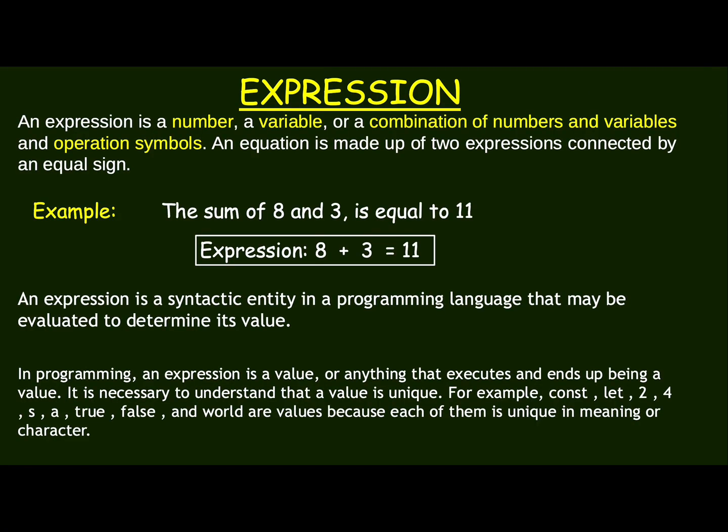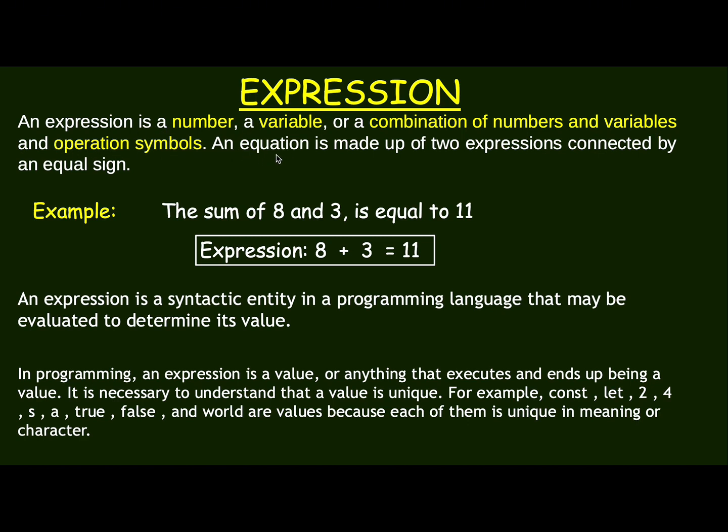Let's look at our next basic programming concept, which is expression. What is an expression? An expression is a number, a variable, or a combination of numbers and variables and operation symbols.